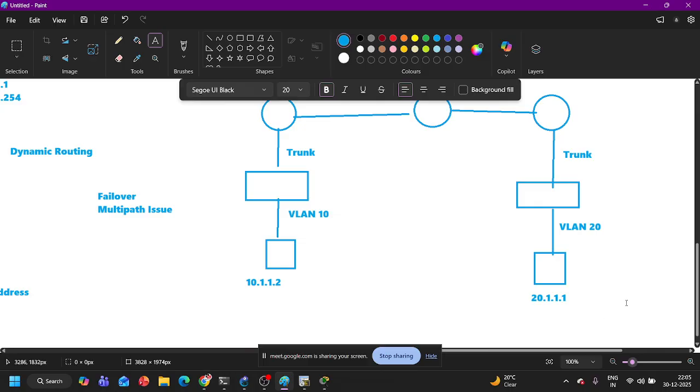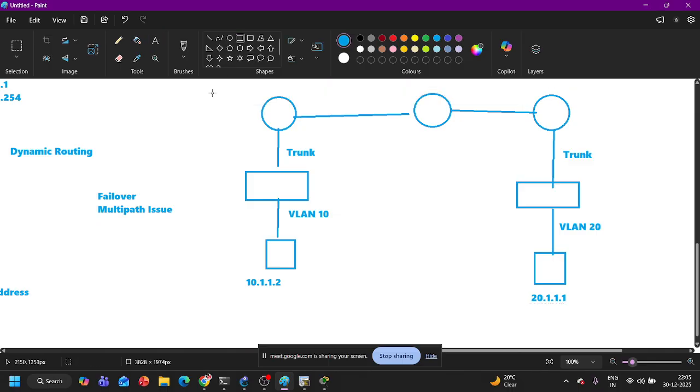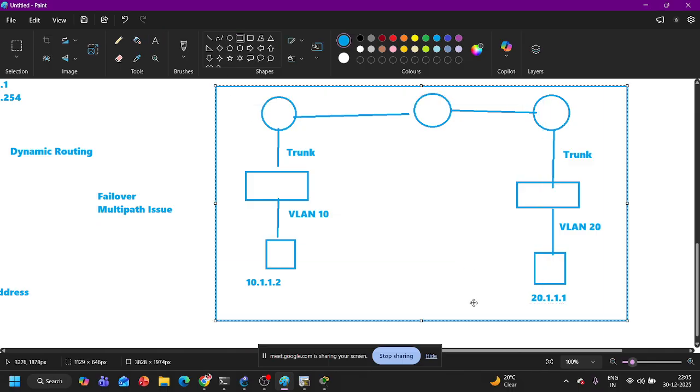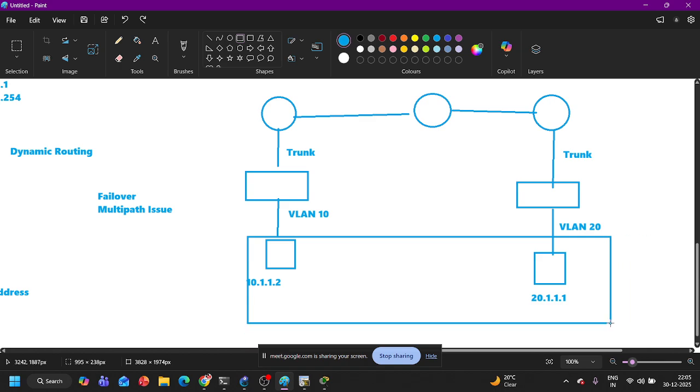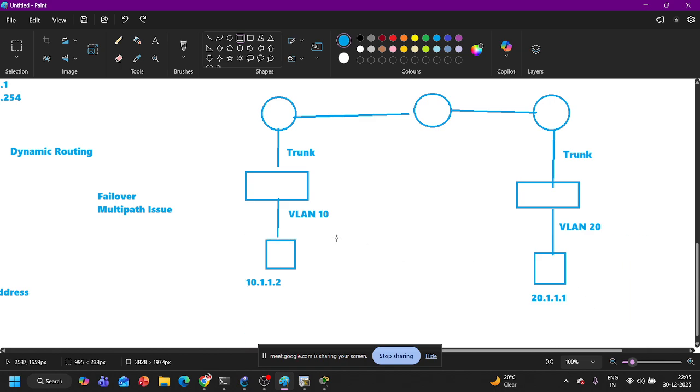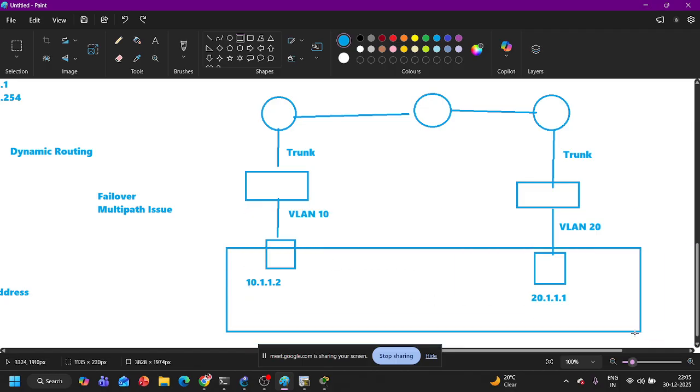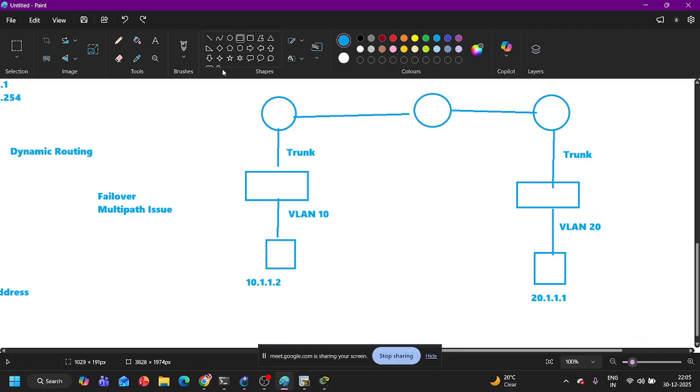We have already explained that, brother, step by step, everything. Does anyone not know the packet flow between these two PCs? I don't think so, Basudev. Everyone knows the proper packet flow between these two PCs end to end, on the switch as well as on the router.